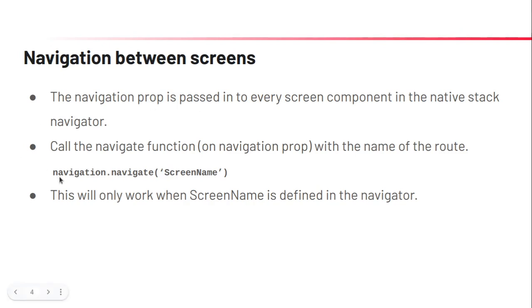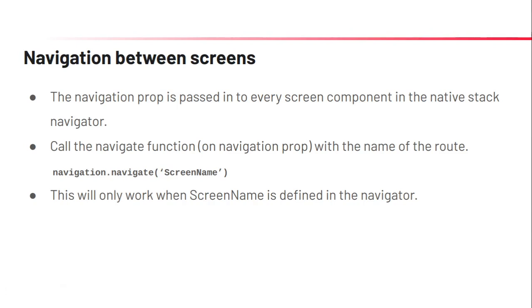For example, if we want to navigate to a screen named profile, we can write the syntax navigation.navigate, and inside the navigate function we pass the component name, that is profile. This will work only when the screen name is defined in the navigator.